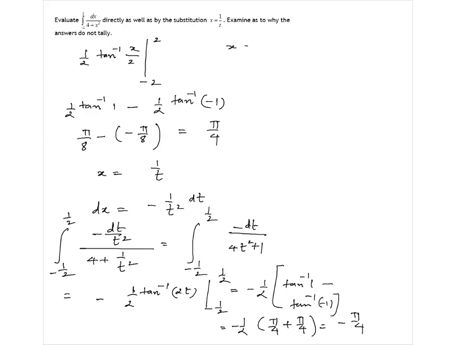In the second solution, when x is 1 by t, then this substitution rule is that important: substitution must be continuous in the interval of integration.